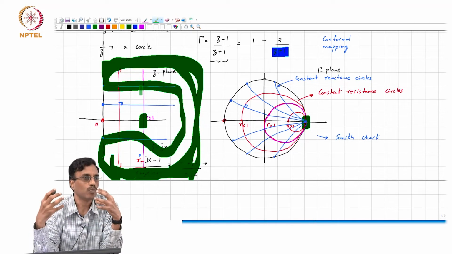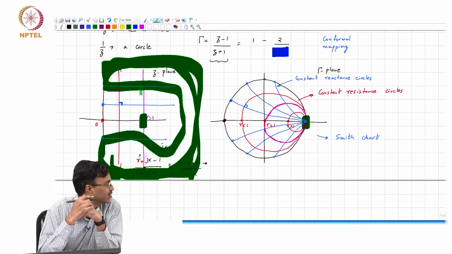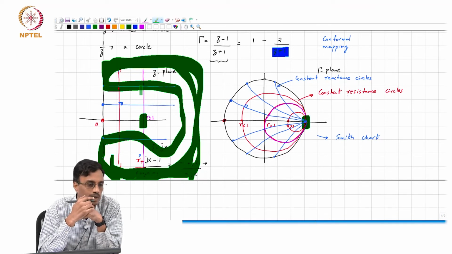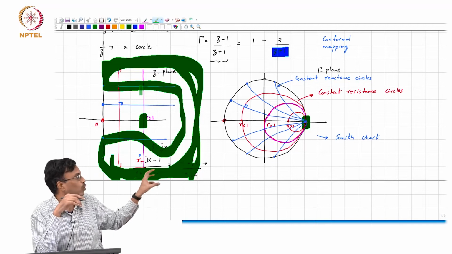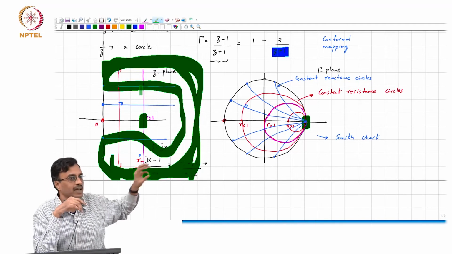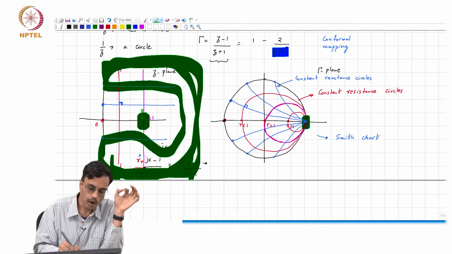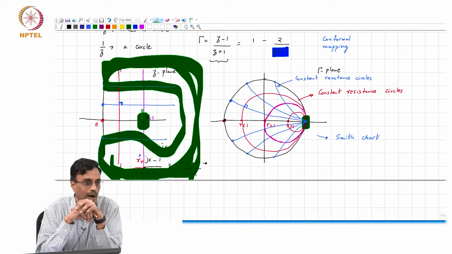If you want, for instance, to design a load which absorbs all the power that's incident on it by a source, you eventually want to make sure that you do whatever it takes to get to this point r equal to 1.